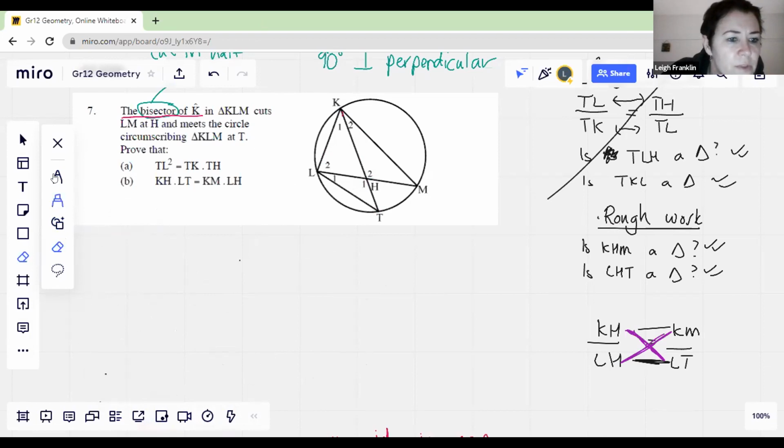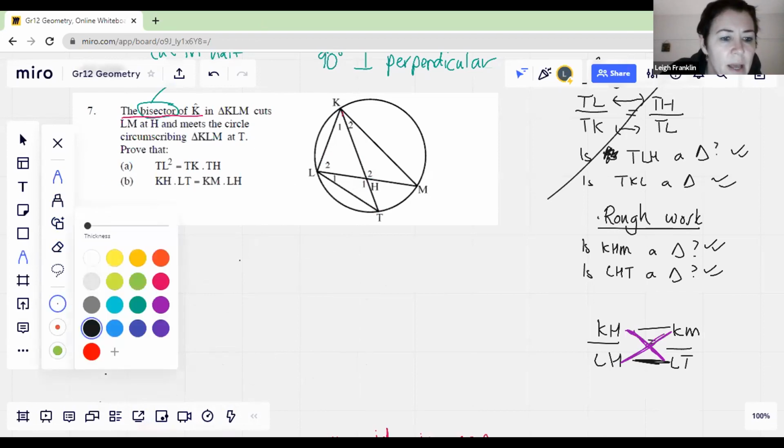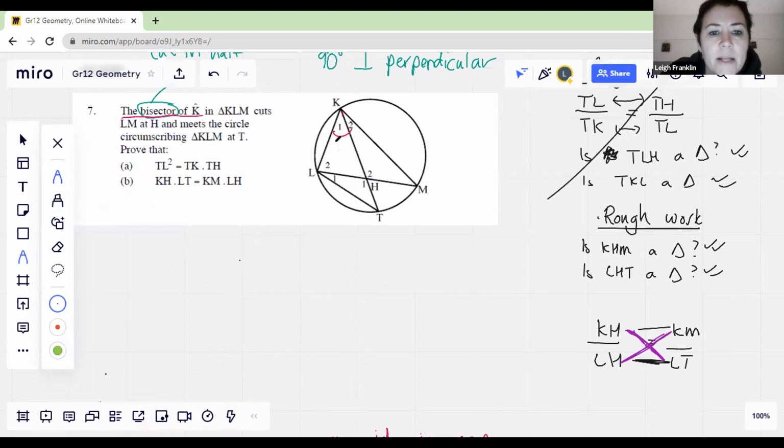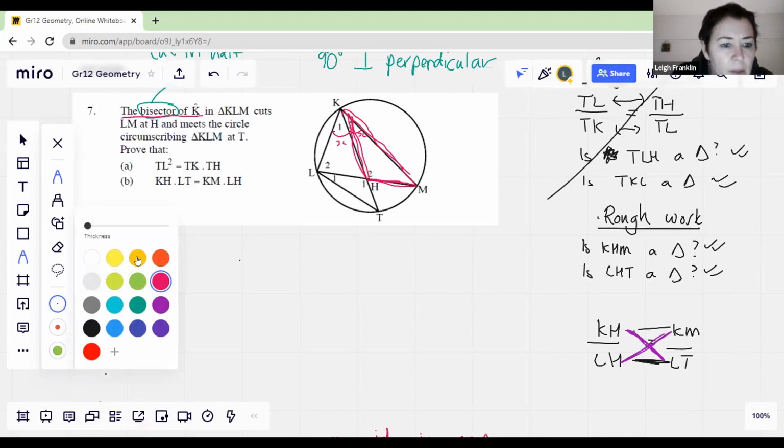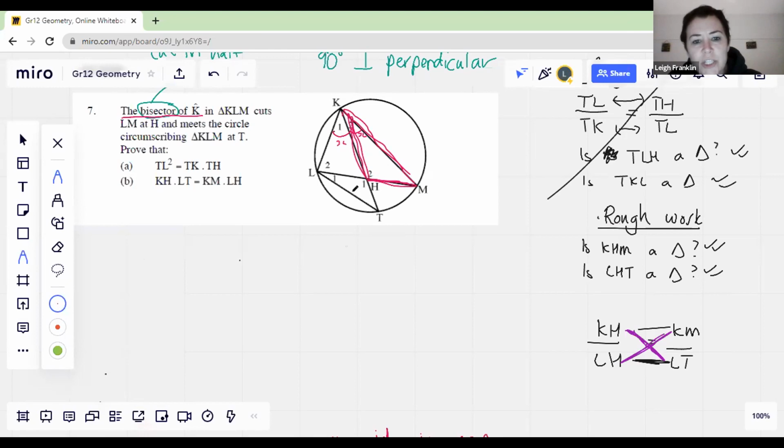I don't know if we're going to need this for this question, but let's put it back in just in case, and we'll write in pink so it's nice and bright. Remember, those two angles were equal to one another. We identified KHM as a triangle, so I'm going to color that one in. You would obviously color this in using a highlighter. Then LHT, so that's this triangle over here.